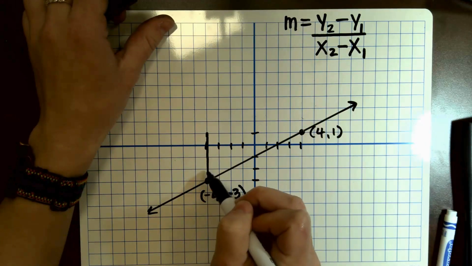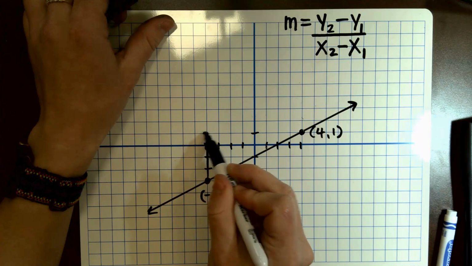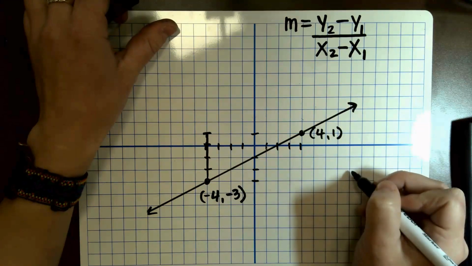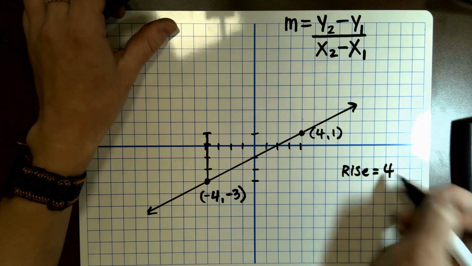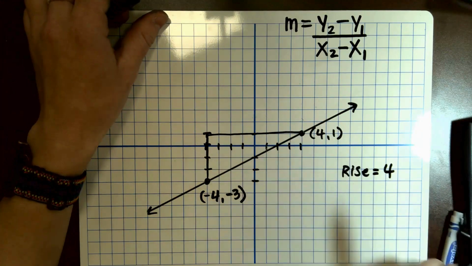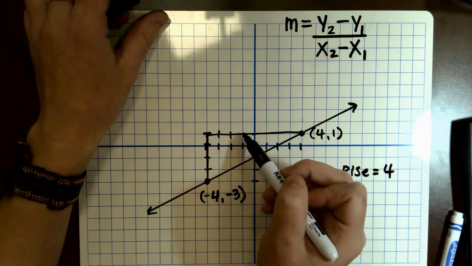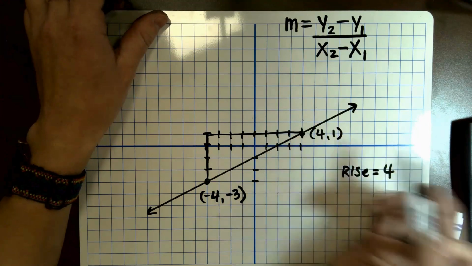So my rise is going to be 1, 2, 3, 4. All right, so I'm going to write that to the side. Rise equals 4. And my run, let's count. 1, 2, 3, 4, 5, 6, 7, and 8.